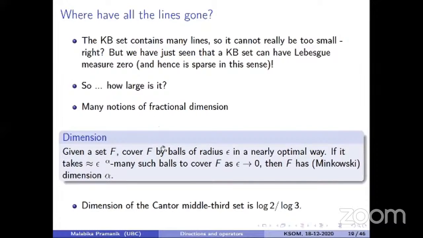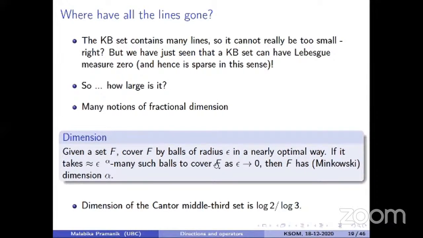Now, there are many distinct notions of dimension in geometric measure theory. For this talk, let us just focus on the simplest one. Given a Borel set, capital F, cover F by balls of radius epsilon in an optimal way.